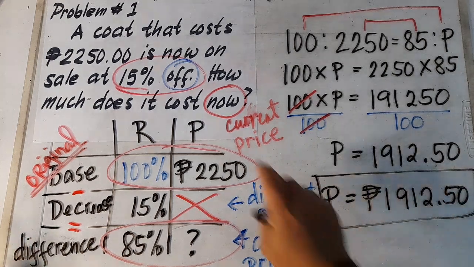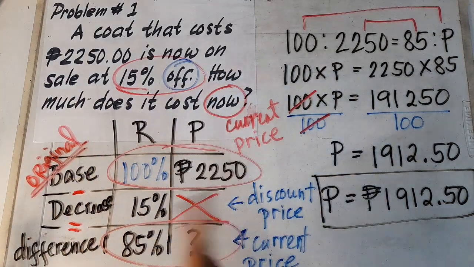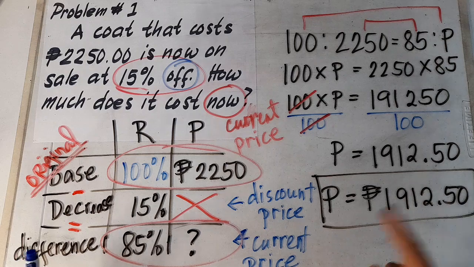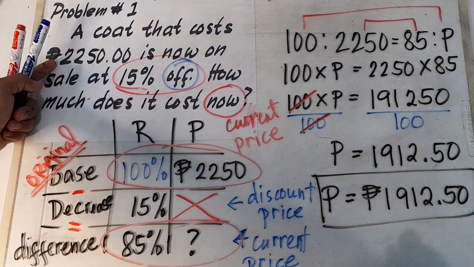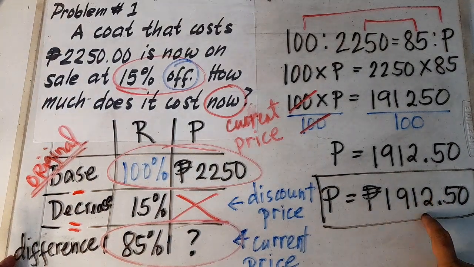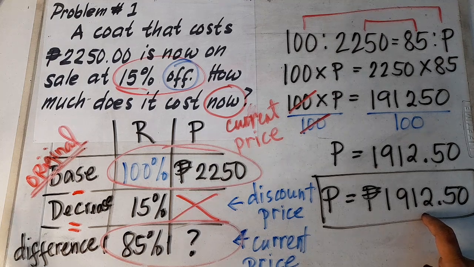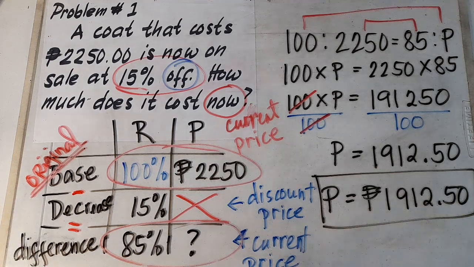Okay? So, how much does the coat cost now? So, mula 2,250, naging 1,912 pesos and 50 centavos. That's our first problem. Let's move on now to our second problem.